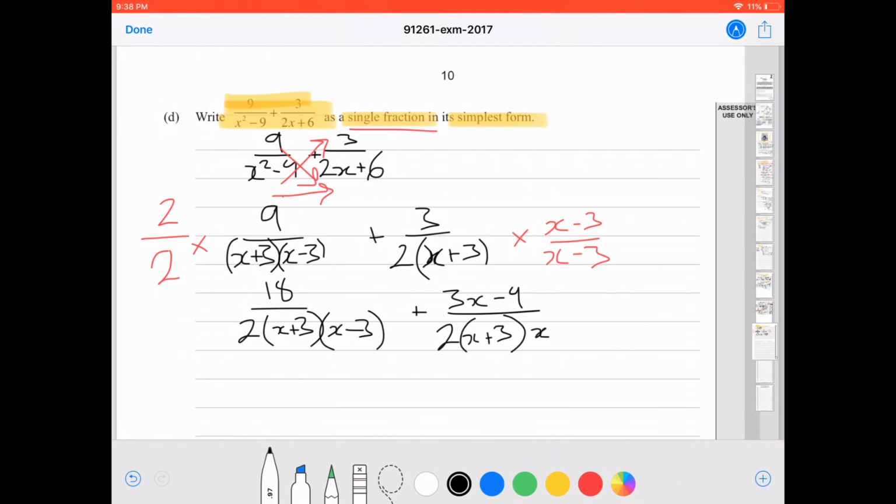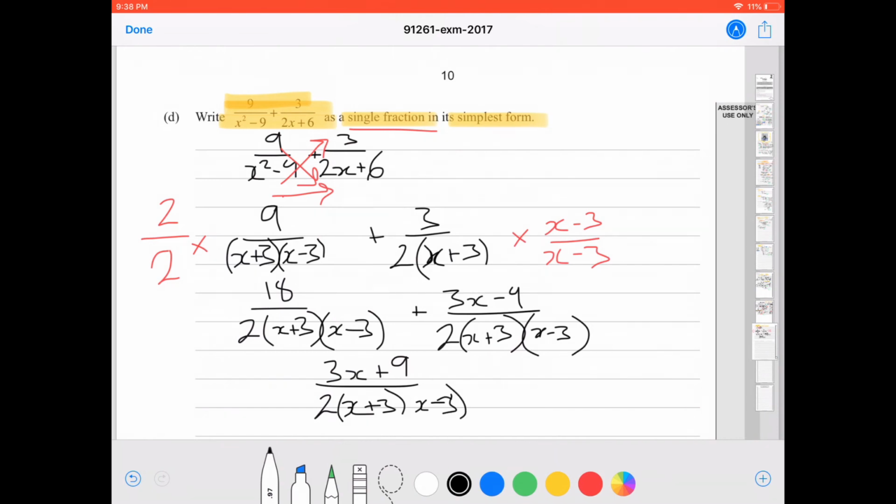So our denominators are the same now, and that means we can combine into a single fraction. We've got 3x, and then 18 minus 9 is plus 9, over 2x plus 3 and x minus 3.